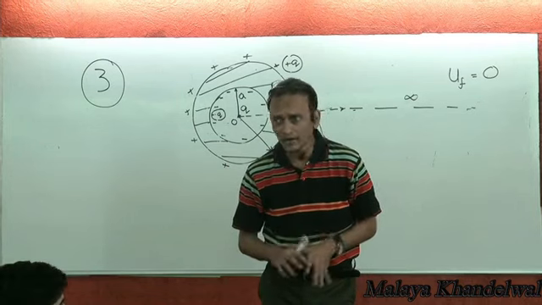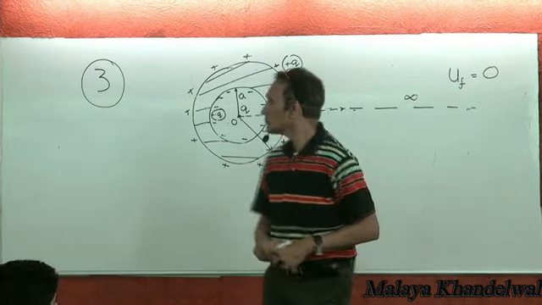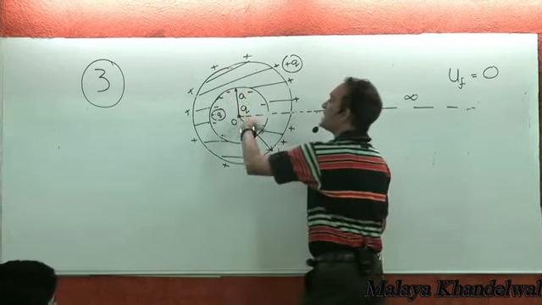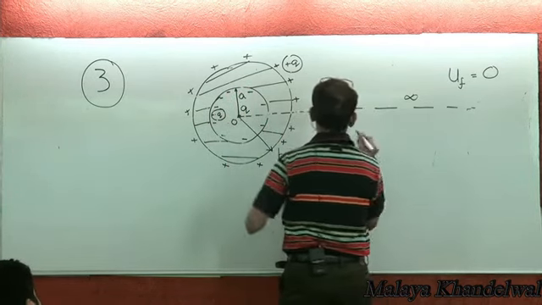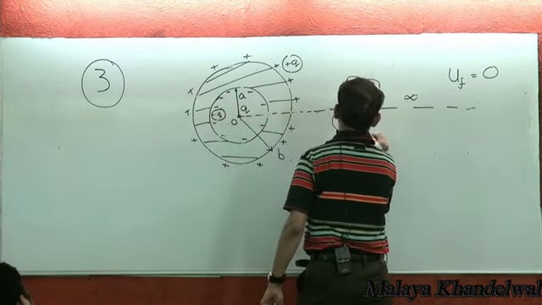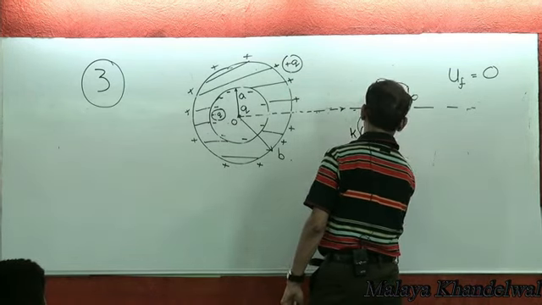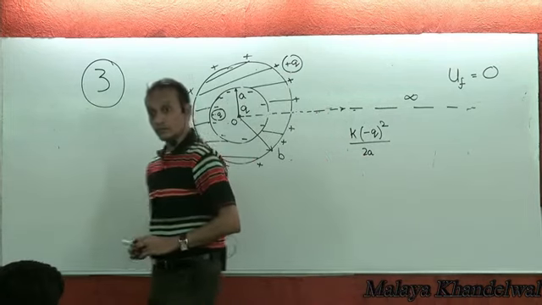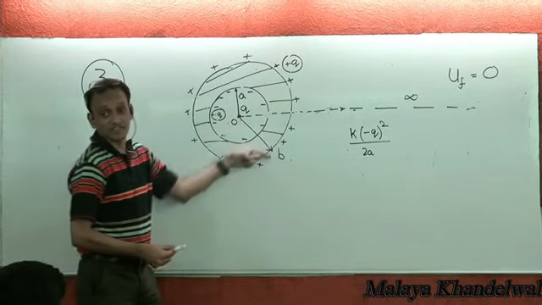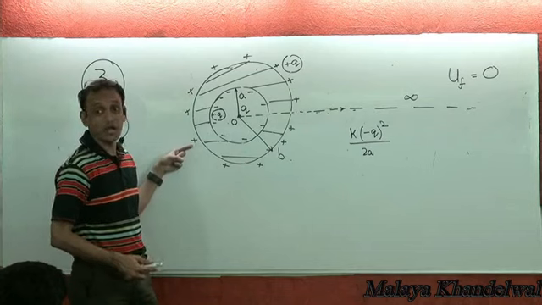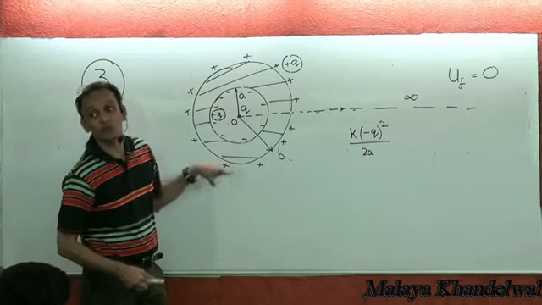Have I told you this before? Right? So this shell has self energy K times minus Q whole squared by 2A. Again, this spherical surface also has self energy. How much? KQ squared by 2B.